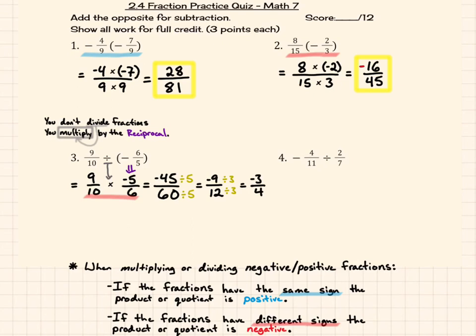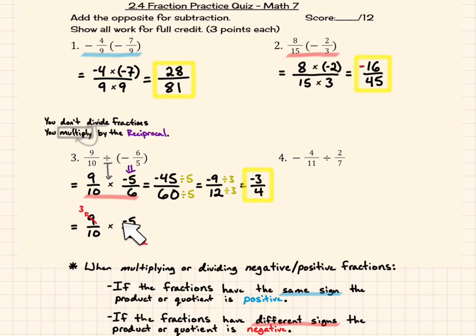If you wanted to go about it a different route of cross simplifying, from the very beginning we had negative 9/10 times negative 5/6. We can cross simplify by saying 9 and 6 are both divisible by 3. So I can divide 9 by 3, I get 3, and 6 by 3, I get 2.